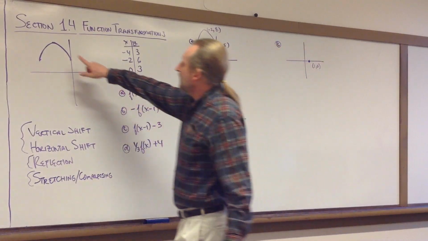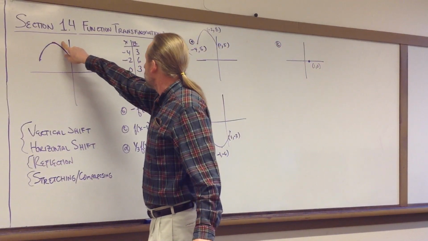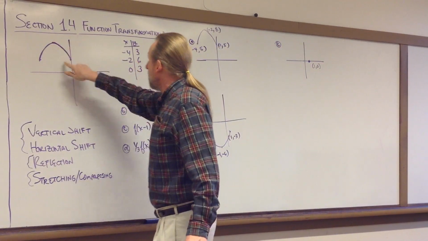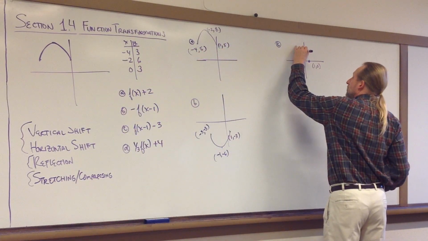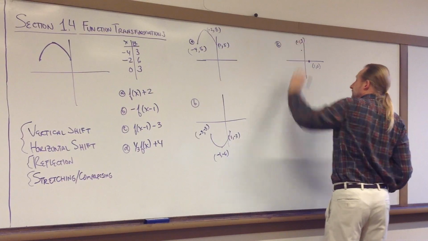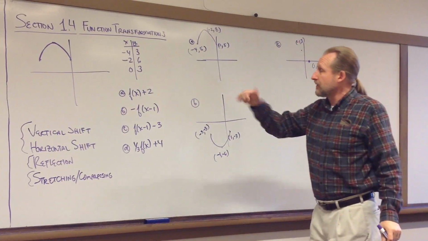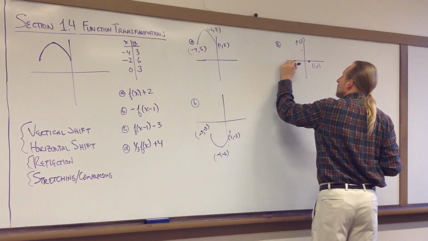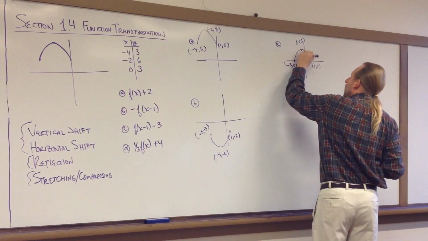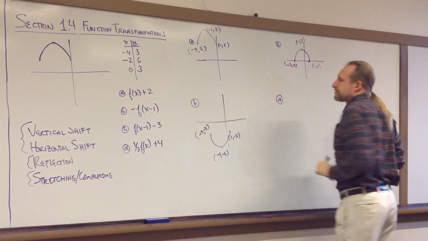This point right here, -2, 6, it's going to go over to -1 and then down 3 places to 3. So -1, 3. And then the last one, -4, is going to go over to -3 and then down to 0. And there's our little semicircle.